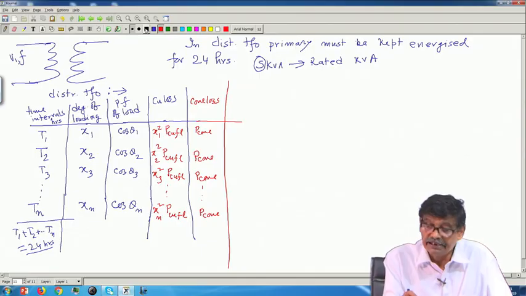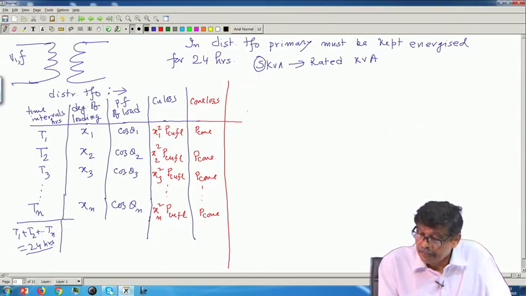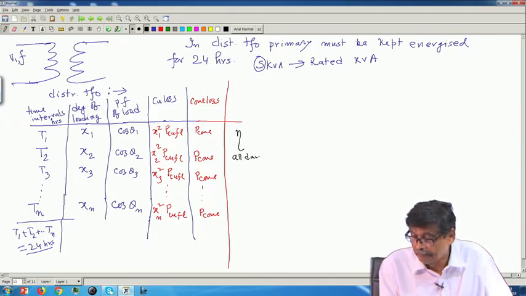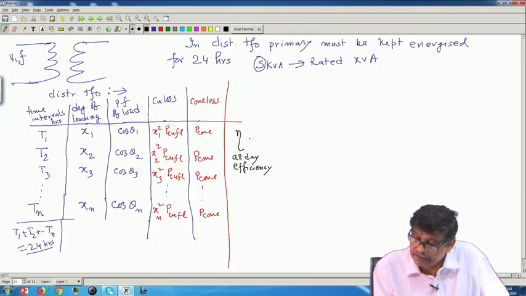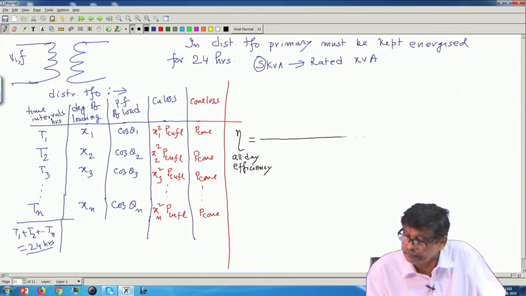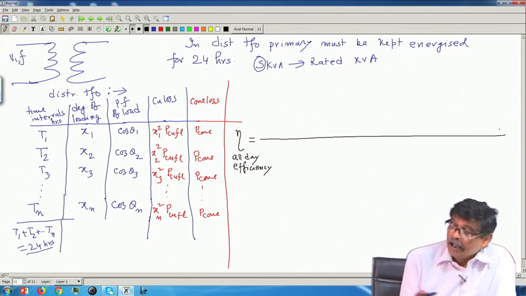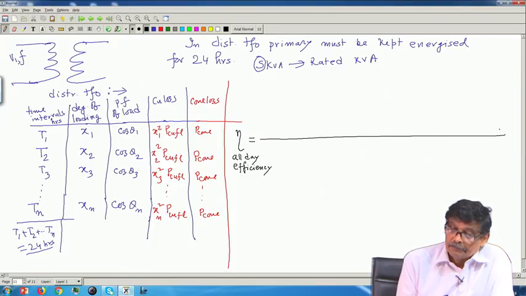Then you can straight away write down, I will write it here, all day efficiency equal to what I told. I must write energy output over 24 hours.